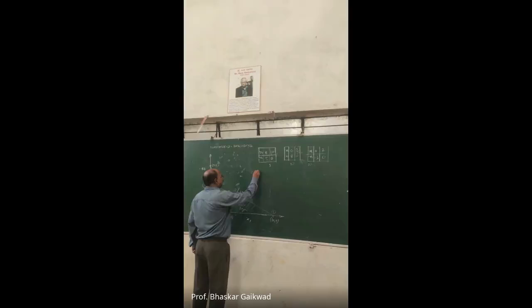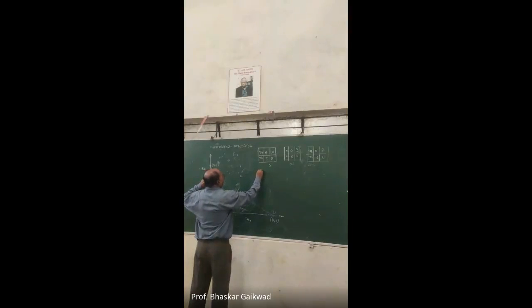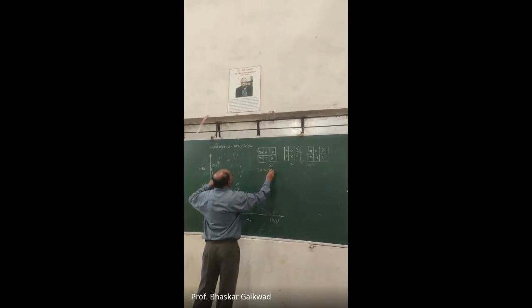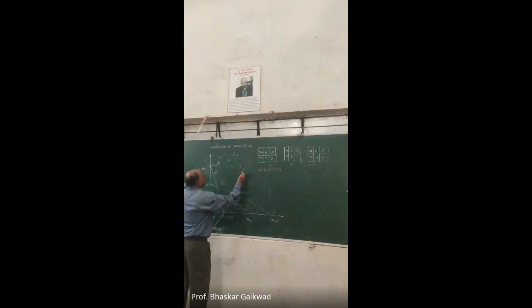Okay. Now let us consider Z at A. So you can rewrite this equation: 100 x1 plus 60 x2. This is our Z maximum.